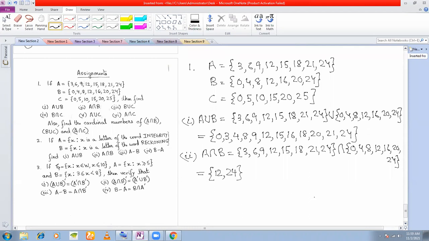Okay, these two are the only common elements between these two. So that is A intersection B. Next, B union C.